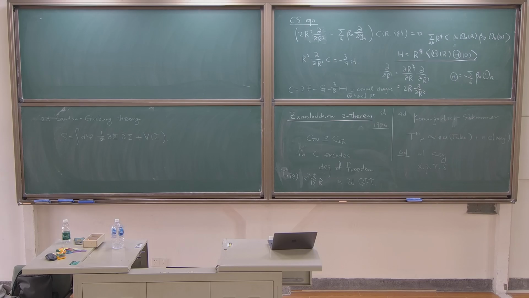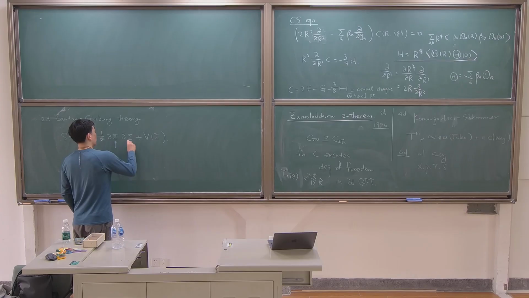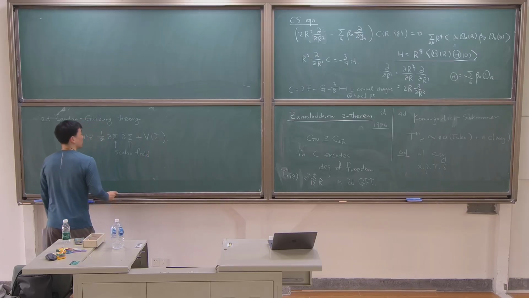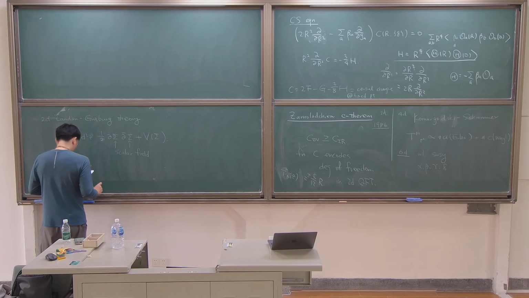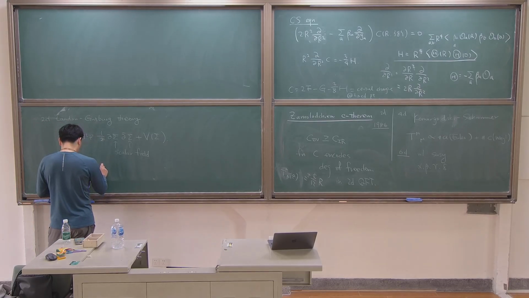Landau-Ginzburg theory means that sigma is a free scalar field. This is a scalar field, and the potential is given as follows. So this V of sigma is the potential, and that will be given by g1 sigma and so on.